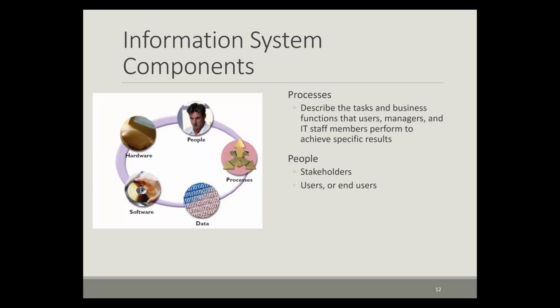After that, we talk about processes. Processes describe the tasks and business functions that users, managers, and IT staff members perform to achieve their specific results. So that means if you have just the Sky system, Sky Plus system, it's not complete.